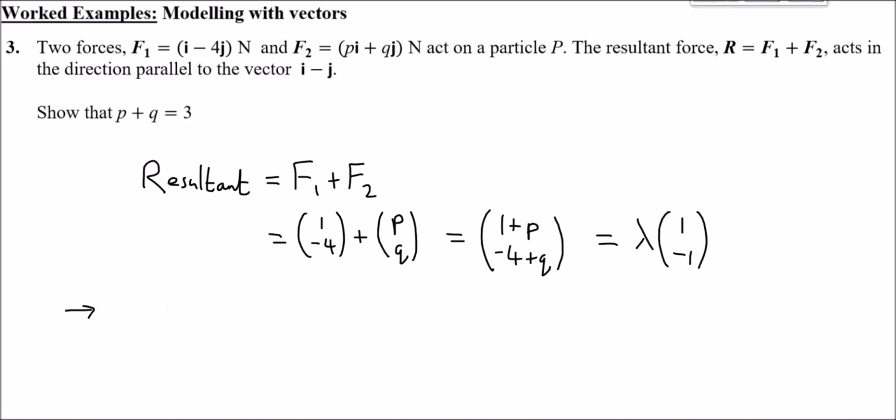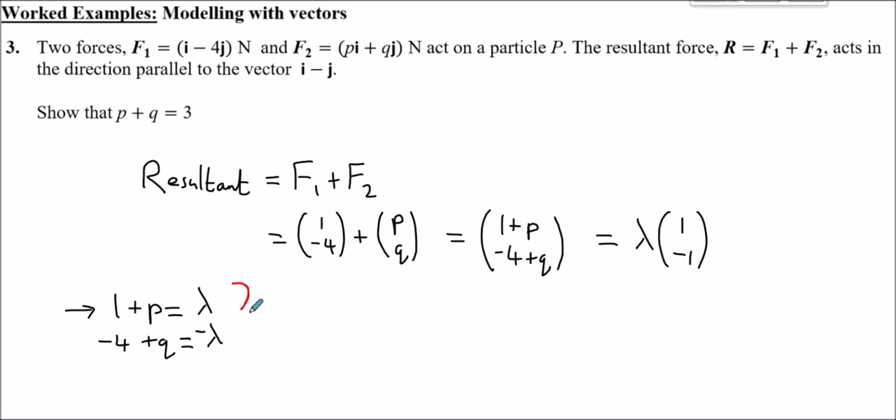And so now if we just look at the i components, 1 plus p equals lambda times 1, which is just lambda. And the j components, minus 4 plus q equals lambda multiplied by minus 1, which is minus lambda.